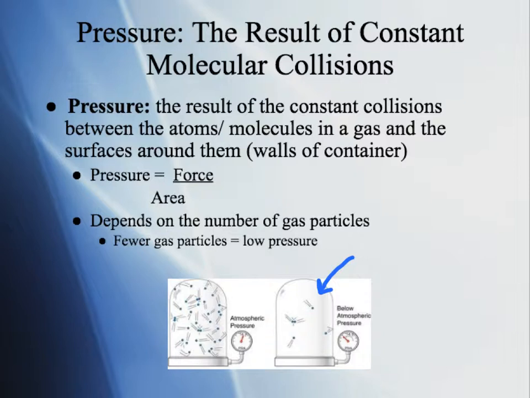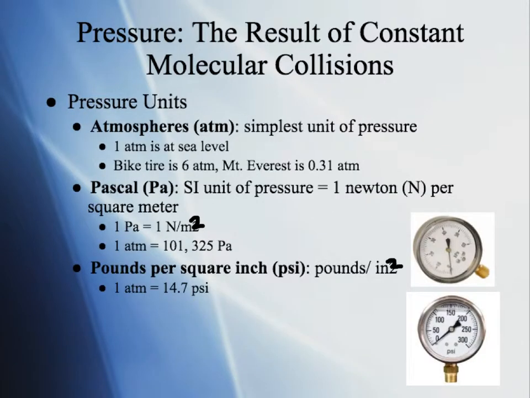Versus if there's a ton of gas molecules colliding with each other and the walls of the container, you're going to get a lot more collisions, and so there's going to be a lot more pressure. So that is one thing we have to keep in mind when we're talking about pressure, the number of gas molecules.